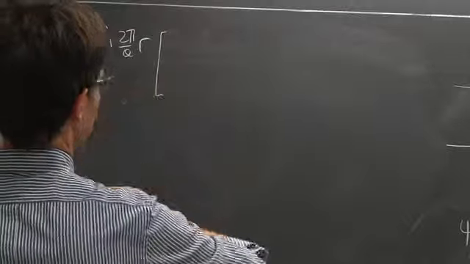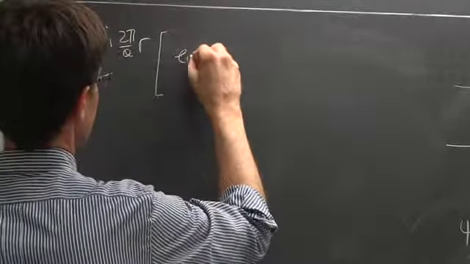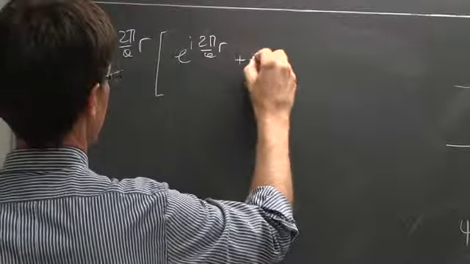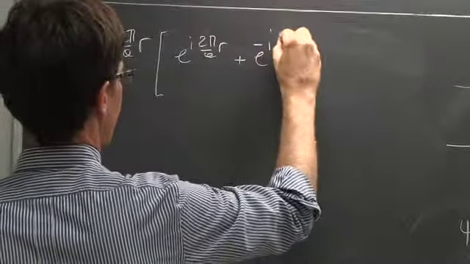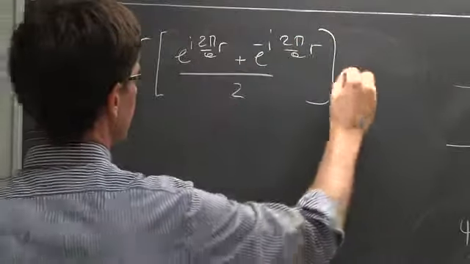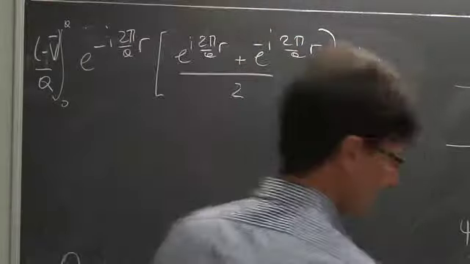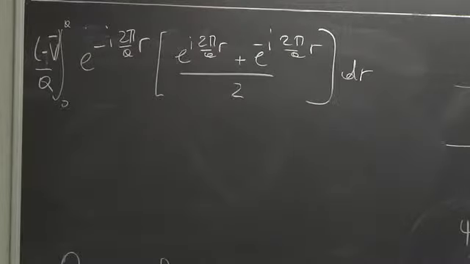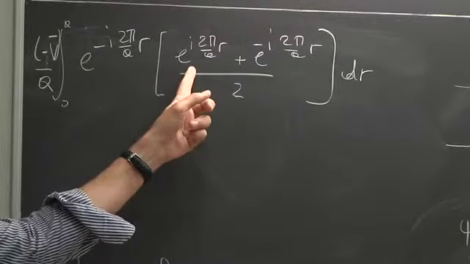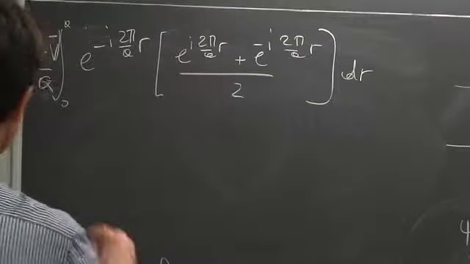And then let me write the cosine as e to the i 2 pi over a r plus e to the minus i 2 pi over a r, divided by 2. Okay? Now, this times this gives me 1.